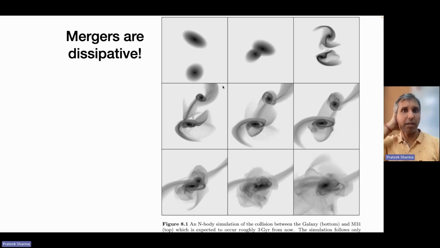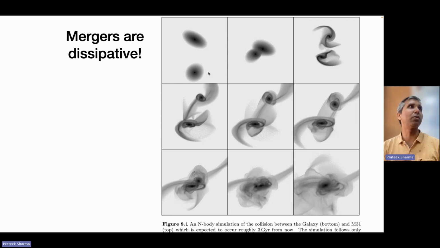And Andromeda is moving towards us, unlike Hubble expansion. It's not like Hubble's law fails; it's just that this is a peculiar velocity. The gravitational force due to the local overdensity is larger than this effective Hubble force.